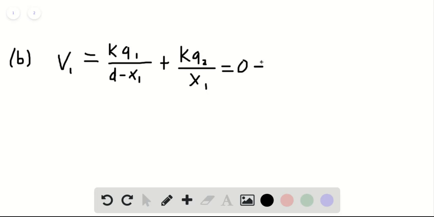So solving this for x1, we find that x1 is equal to Q2 times distance D divided by Q2 minus Q1. This is equal to 1.6 centimeters.